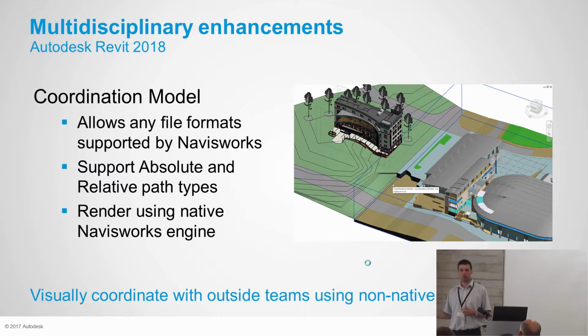The fact that we can now export a Navis file out of Civil 3D, we can reference that file into our Revit model, means that we can now have that Civil 3D file there and then, and we can coordinate with it from the building services point of view, from the below ground drainage, and also from the structural point of view as if we're modifying foundations or external structural concrete works. So I think that's really useful for us.